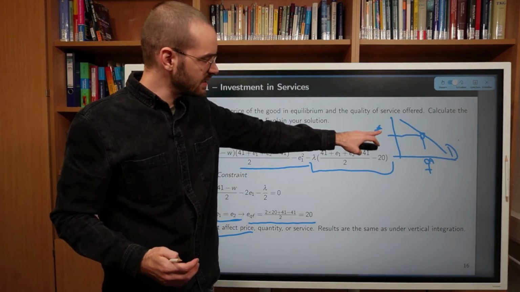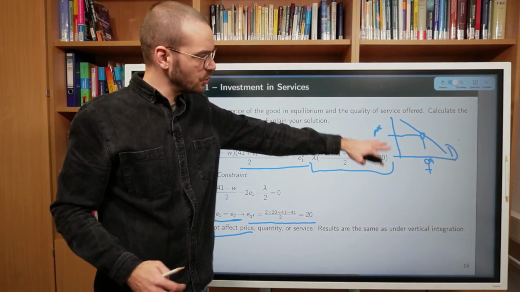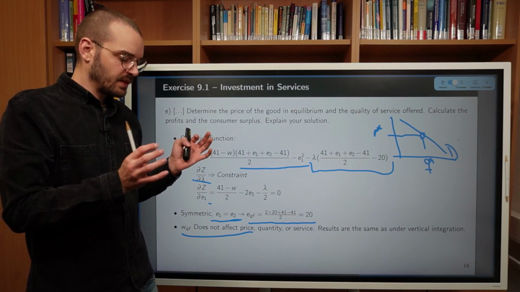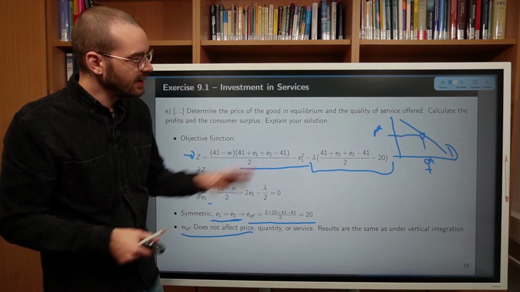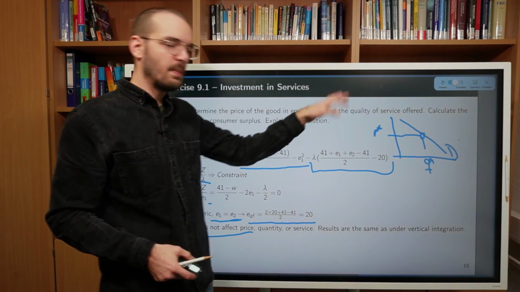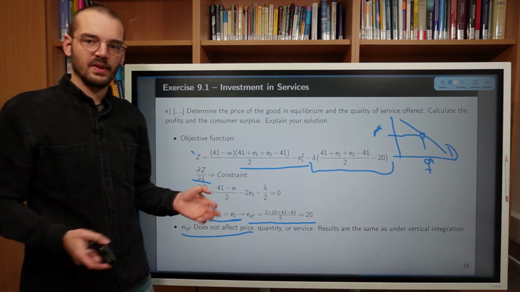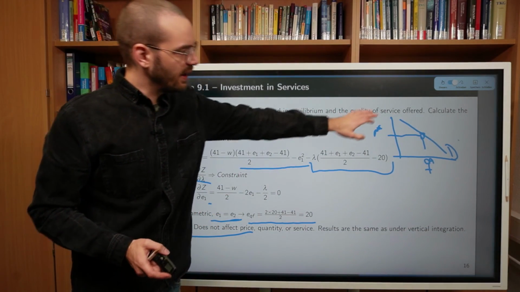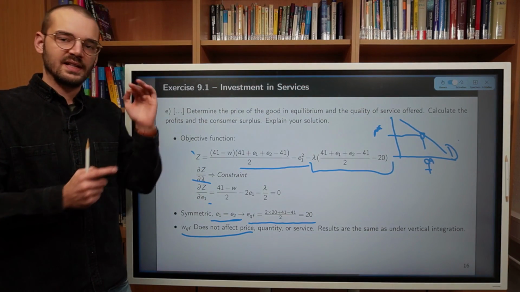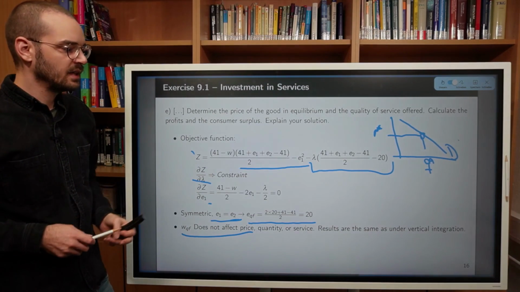Which means that this given price quantity combination implies a certain amount of services provided. It implies that we are on this very exact same demand function, shifted to the exact same level, right?